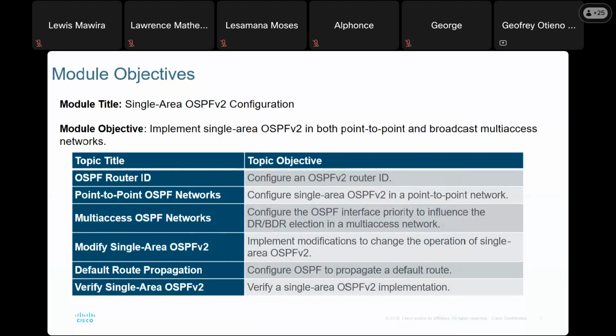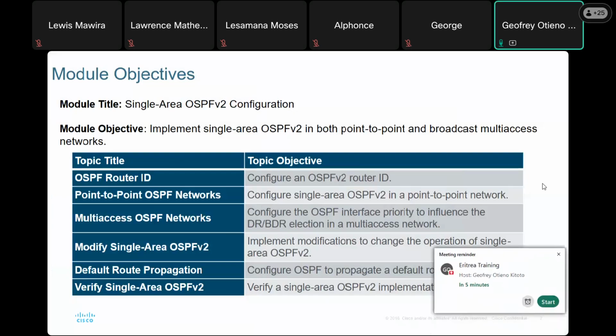When it comes to point-to-point OSPF, what do we need to have here? How about multi-access OSPF? And what is this multi-access OSPF? So we have different types of OSPF, the likes of point-to-point OSPF and multi-access OSPF as well, including, remember last time we did the default route, setting up a default route.